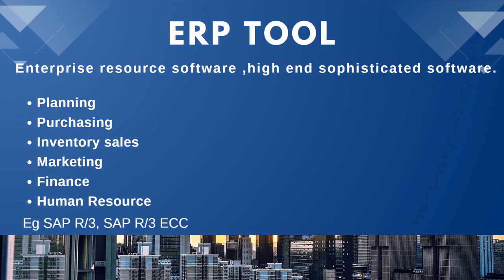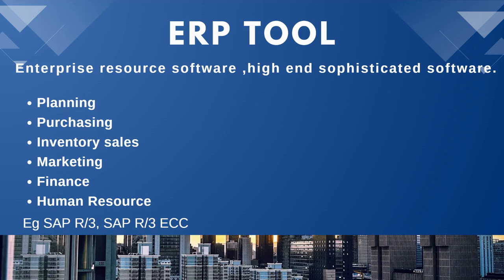And it will provide you with accurate and timely information. Like you will be able to track where the product actually is, whether it is in production, or it is ready for delivery, or it is in the process of being delivered, or it has reached the customer. So you will have timely information.